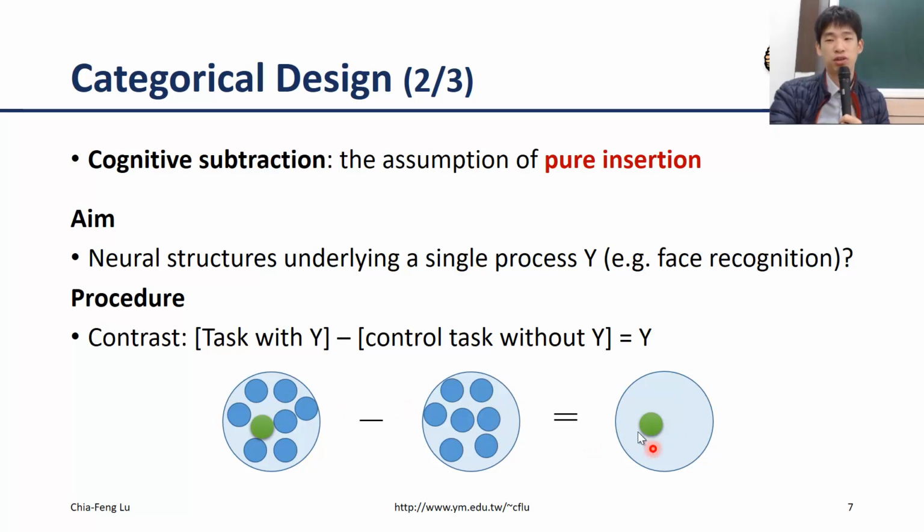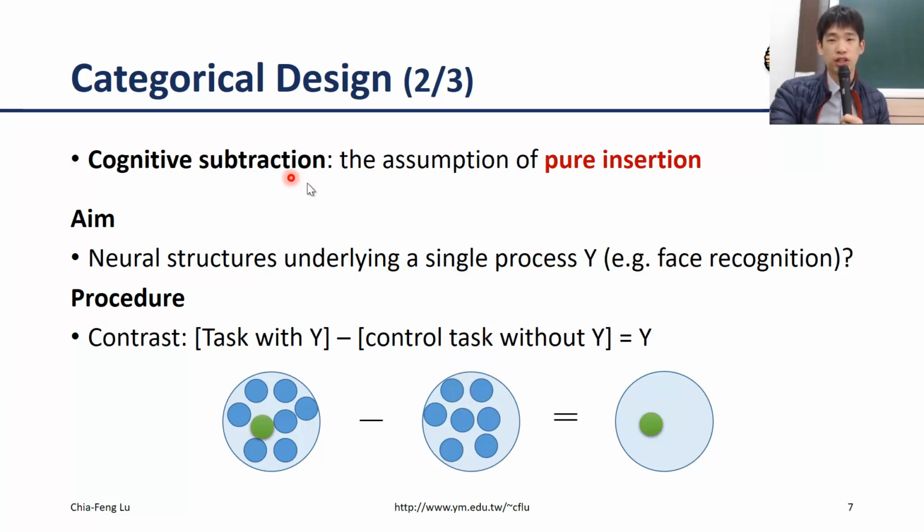So by the contrast, you can also see other spots or regions activated when you are seeing the face. And then you may infer, oh, these two regions are responsible for face recognition. But actually this is not right, because you didn't give the right control task.